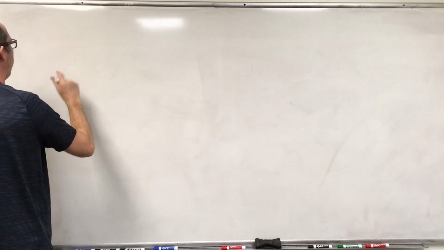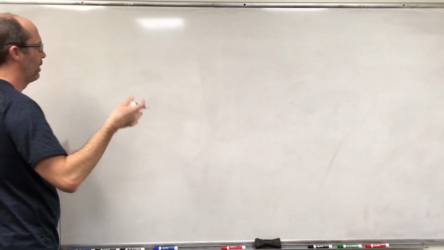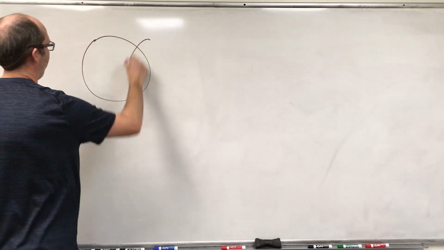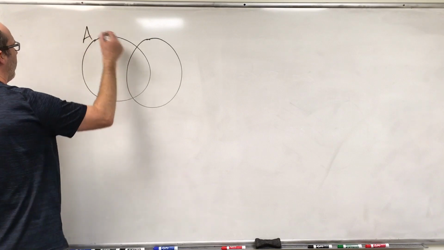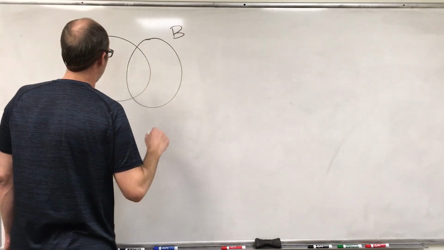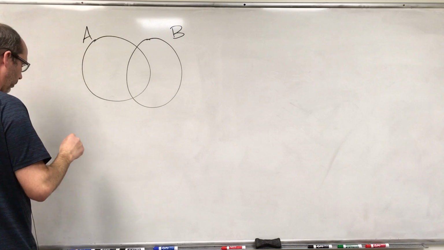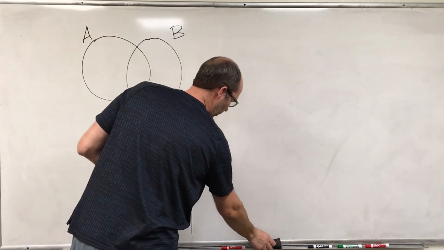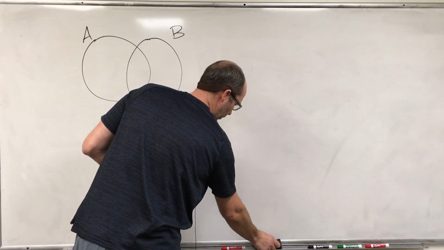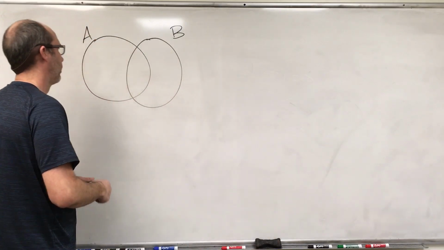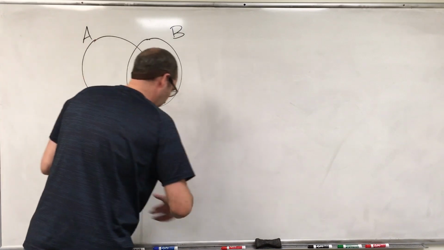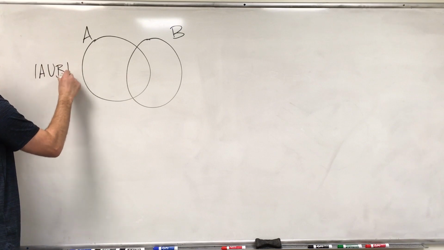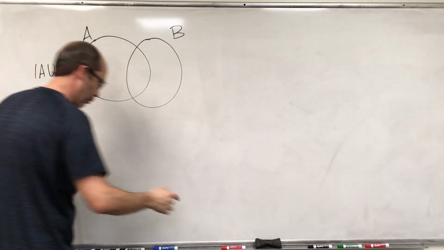Actually, before I do 3 sets, let's look at it pictorially for 2. Let's say we have A, and we got B. The cardinality of A union B, we'll think of it in terms of pictures now.